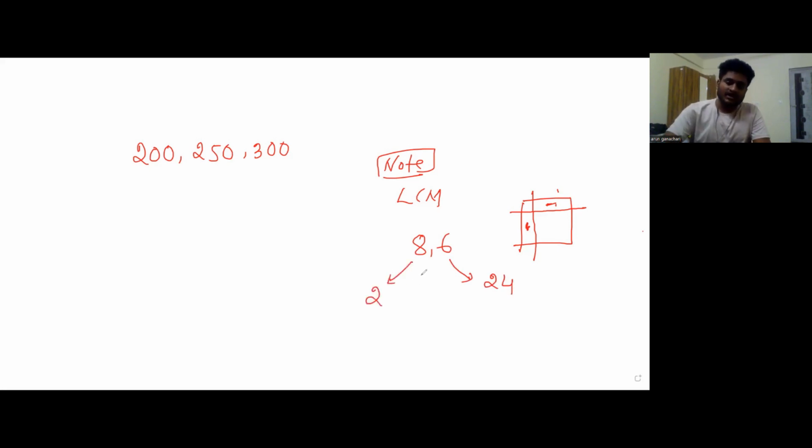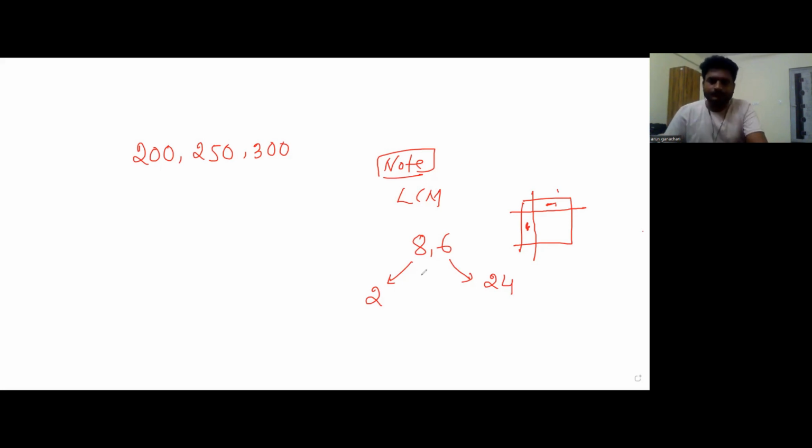So LCM can never be smaller than the given numbers. And similarly, HCF can never be greater than the given numbers.